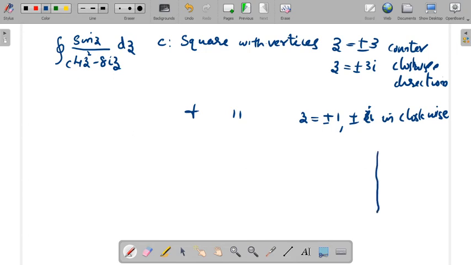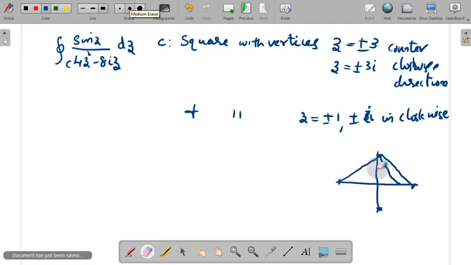So our contour is this square with vertices plus or minus 3, plus or minus 3i in counterclockwise direction.